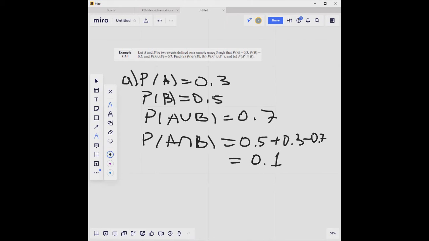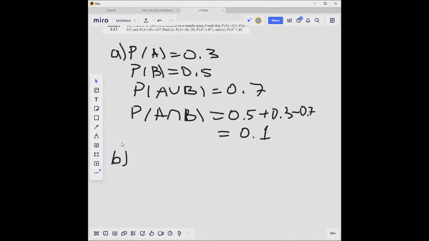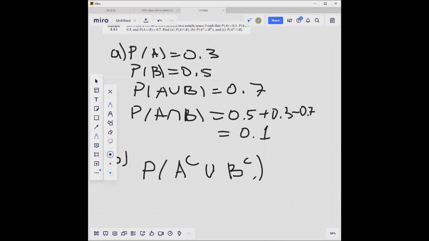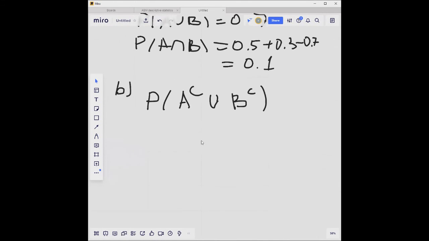This is part A. Part B, let's find probability of union of complements of A and B. Let's try to visualize this union here.